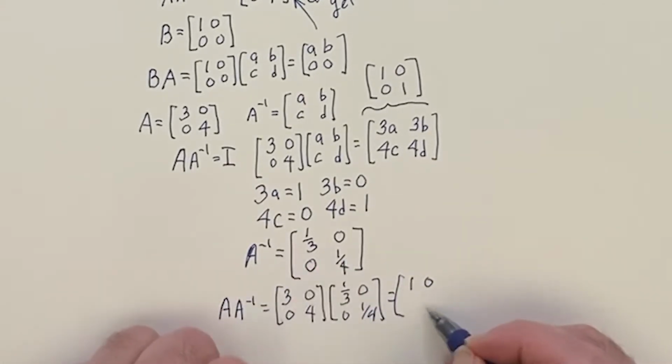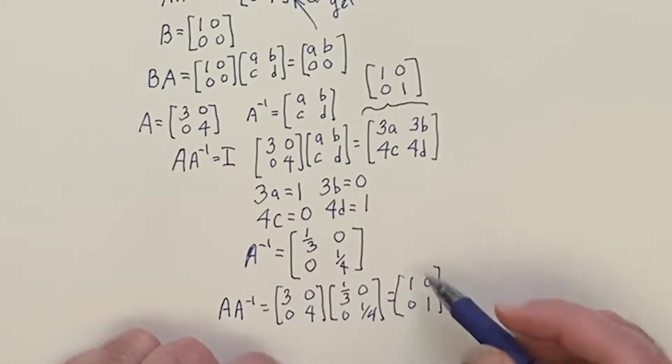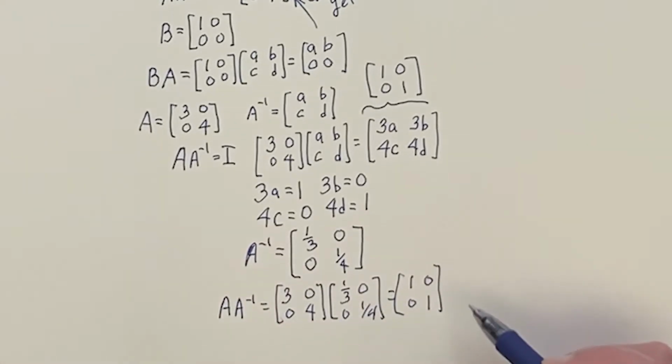You turn that sideways there, you get 0. And if you turn that sideways there, you get the 1. So it works out. 3 times a third plus 0 times 0 is going to be 1. 3 times 0 is 0, plus 0 times a fourth is 0. 0 times a third is 0, plus 4 times 0 is 0. And 0 times 0 and 4 times a fourth is 1.